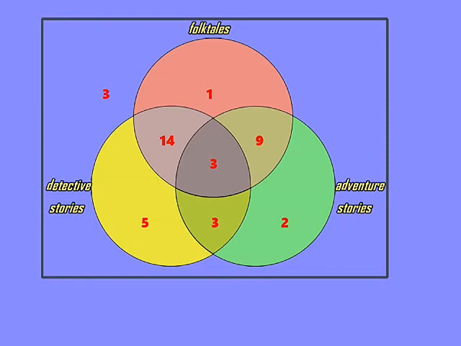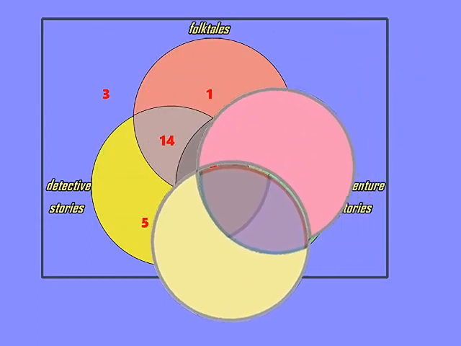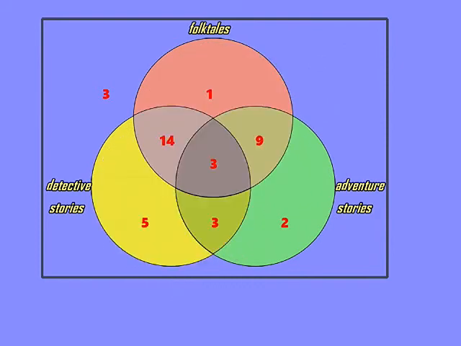Look at this section. It has all the elements in both the detective story set and the folktale set. The pupils inside these sets like at least one of the two types of these stories. So, the 35 children inside this section like either detective stories or folktales.